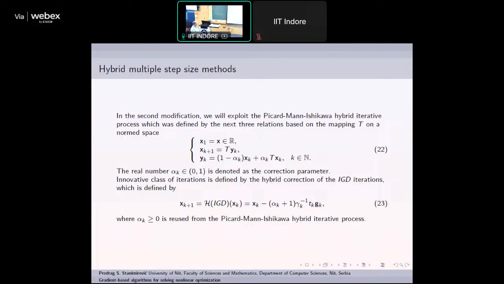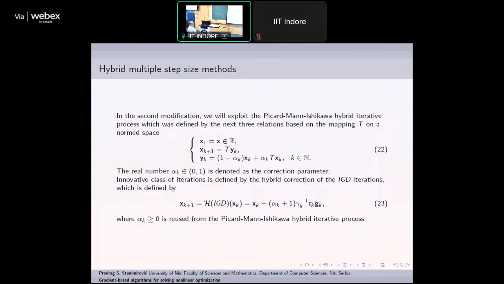Another idea was to use the Picard-Ishikawa hybrid iterative process and obtain some improvement of the nonlinear optimization method. Put, instead of an arbitrary mapping T, the iterative rule for nonlinear optimization.